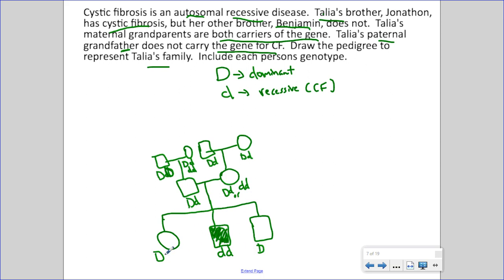And then this means that Talia can either be a carrier or completely unaffected. Same with her other brother as well. So here we have each person's genotype, as well as drawn out the information that we have for our pedigree based on what's presented in the question.